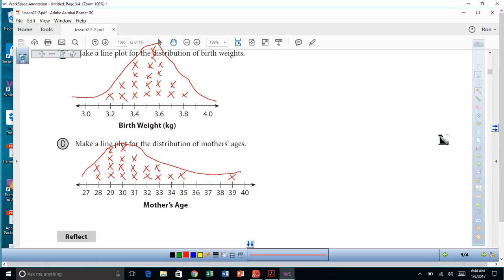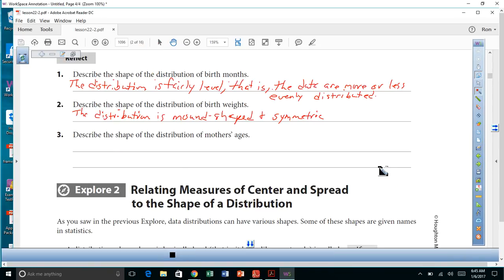So you might say that one is asymmetric. See how in this one, both tails would be symmetric. This is more asymmetric. So the distribution is mounded.